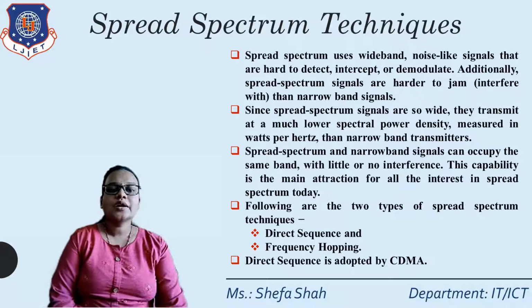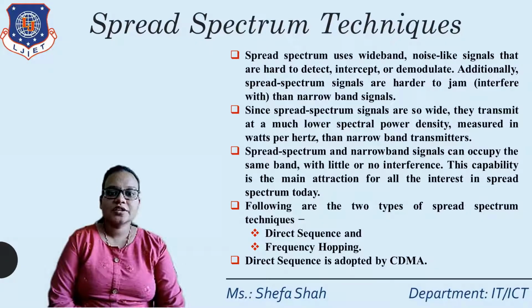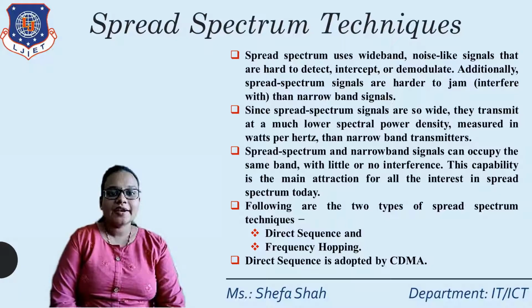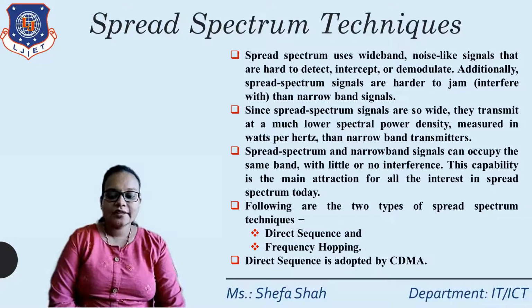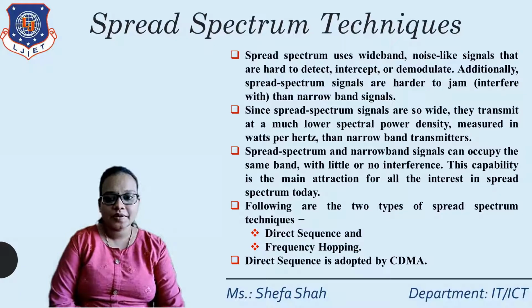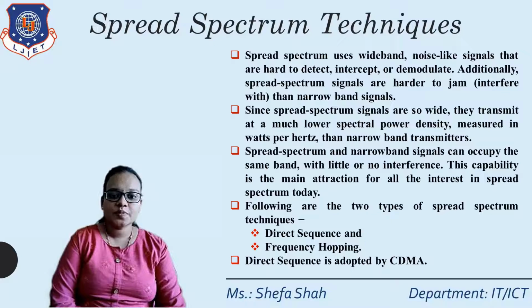Now, what are the different spread spectrum techniques? Spread spectrum, as we have discussed, uses wideband noise-like signals that are hard to detect, intercept, and demodulate. Additionally, spread spectrum signals are hard to jam, that is, to interfere with using narrowband signals, and they are so wide that they transmit at much lower spectral power density, measured in watts per hertz, than narrowband transmitters.